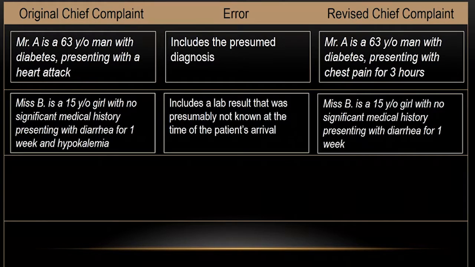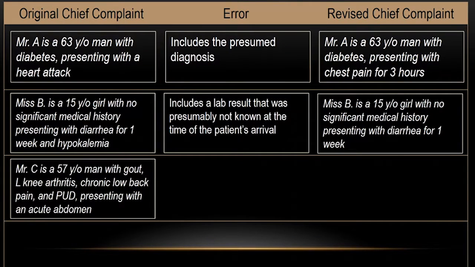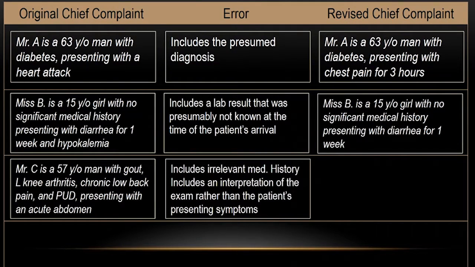The third one actually has a lot of problems. Mr. C is a 57-year-old man with gout, left knee arthritis, chronic low back pain, and peptic ulcer disease presenting with an acute abdomen. What do you think the error is here? Actually, there are two errors. Number one, it includes a lot of irrelevant data, not related to the presenting symptom.